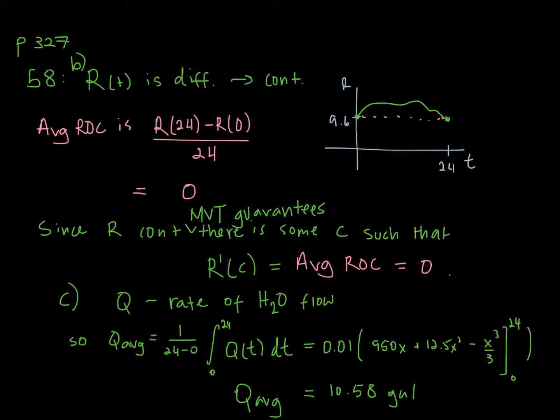And since we're not able to use the calculator here, here's the antiderivative after I go ahead and factor out that 0.01, and I'm going to evaluate 24 as 0 and subtract and then multiply. And so the average value of q is going to be 10.58 gallons per hour, because it is still a rate, so it is the average rate at which water is flowing.